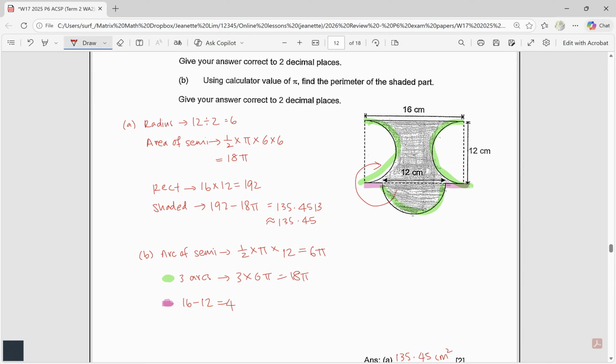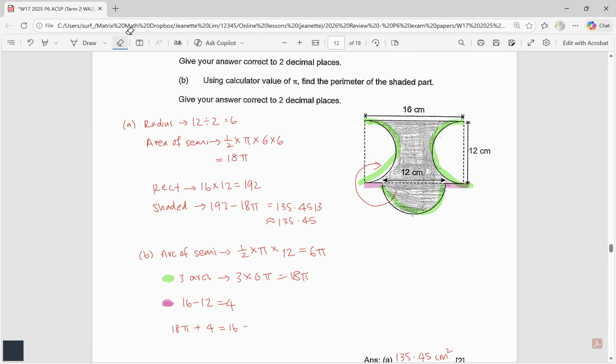Okay, now let's add everything up, including the 16 cm. Including this 16. So 18 pi plus 4 plus 16. Into your calculator, you should get 76.5487, sorry.